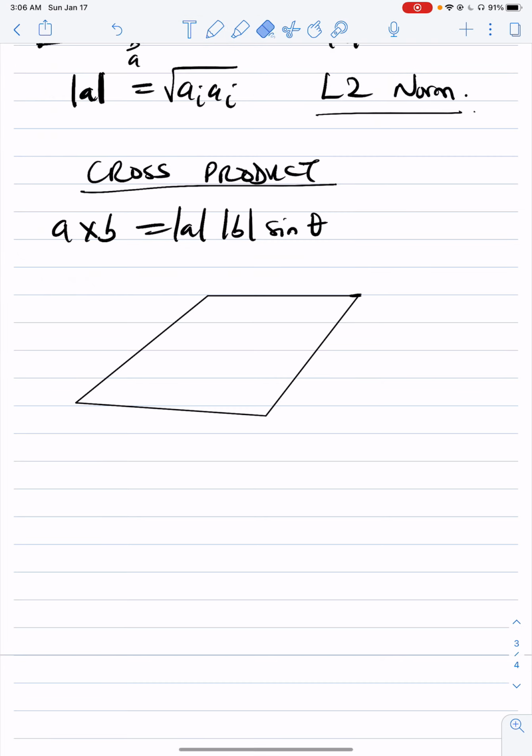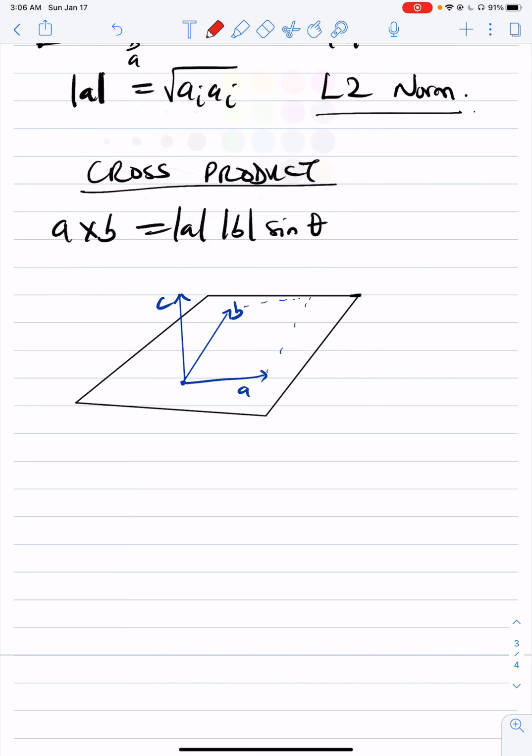You have A, and you have a vector here, B, right? So if you look at these vectors, of course, they span the column space, right? There's a span. Then there's a vector, this is C.